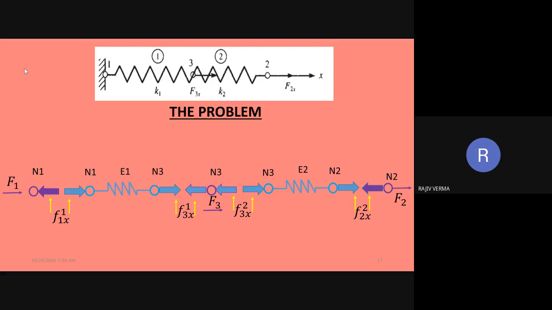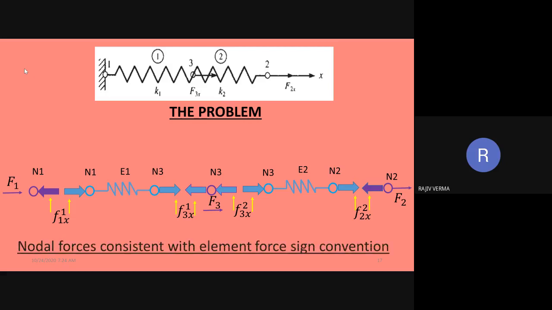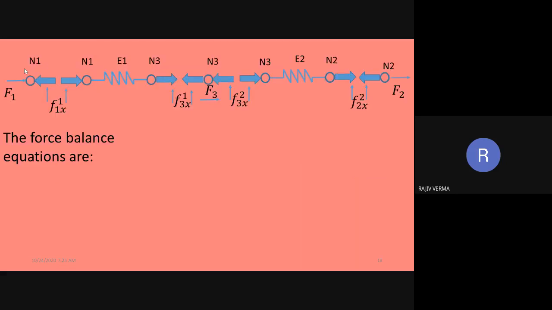And then we will do the force balance at these three locations, which is going to give us three equations. This is equation number 1 for node number 1, equation number 2 for node number 2, and equation number 3 for node number 3.